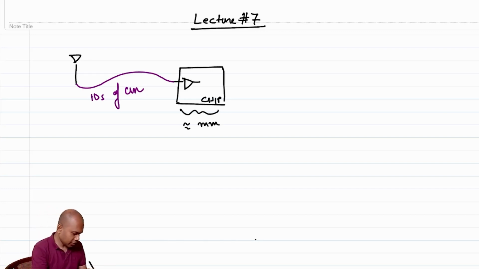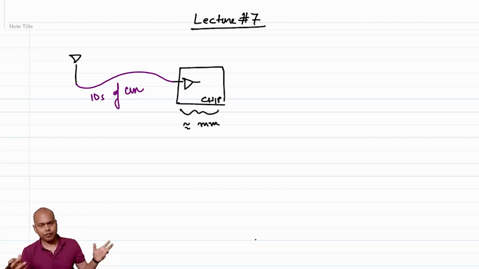In this context, something weird happens if the length of the wire is of the order of the wavelength of the signal that you are sending. Let me just give you what generally tends to happen, then we'll get into the nitty-gritties of the analysis.